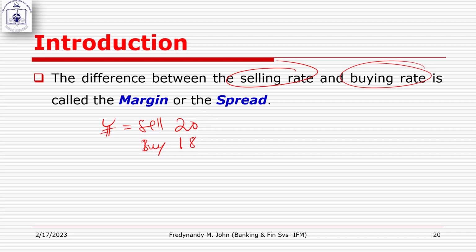The spread simply means the difference between selling rate and the buying rate. Therefore, the spread here will be 2. And this is the profit that the dealer will make if they are involved in this transaction.